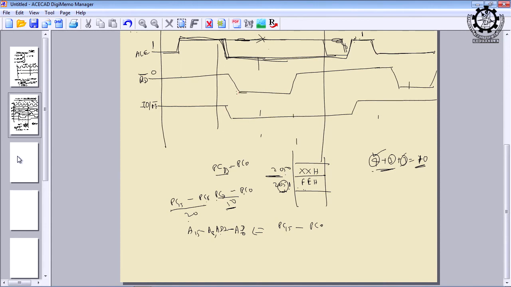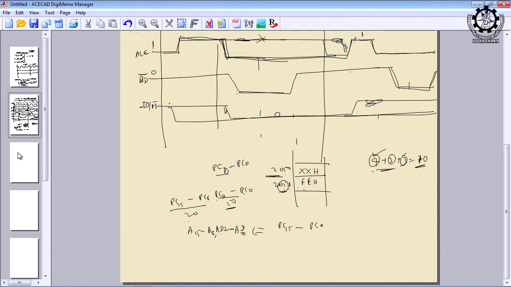So it is an active low signal. Similarly, in the second machine cycle you can see it goes low after the first clock period of the second machine cycle. IO/M bar will be low during memory operation. Sorry, throughout the machine cycles M1 and M2 this will be low, because it is a memory operation, not an IO operation.